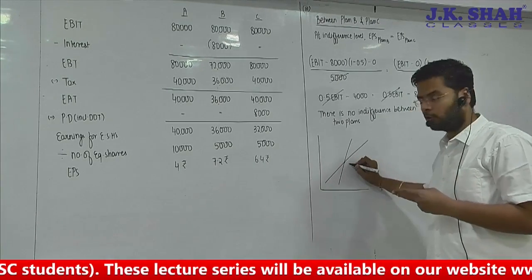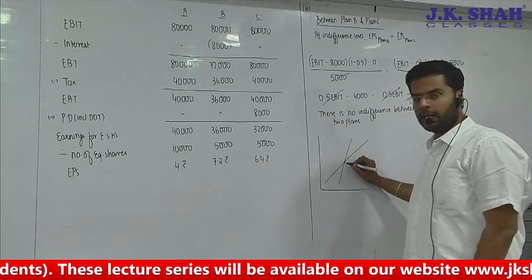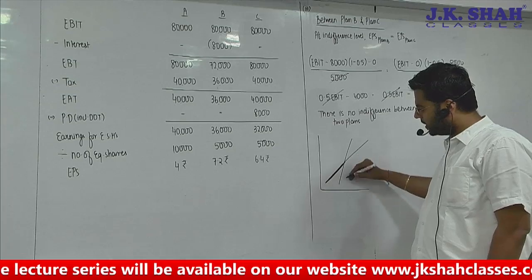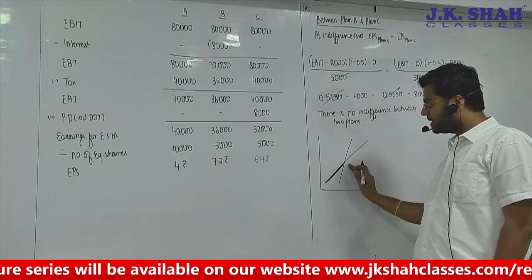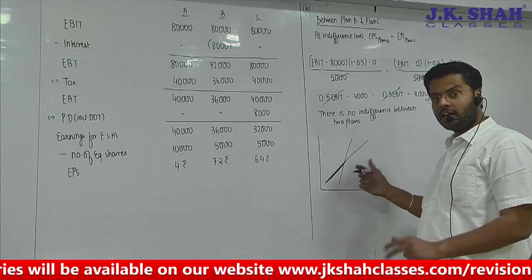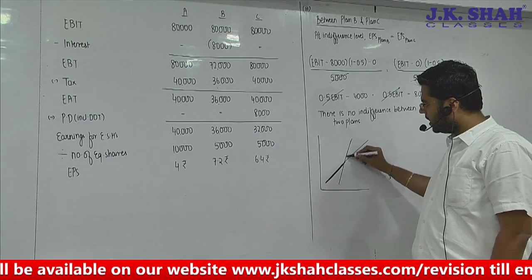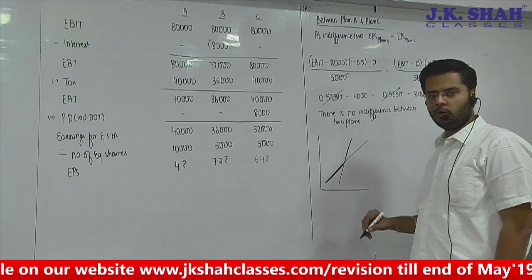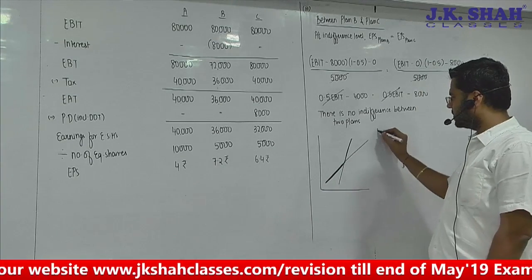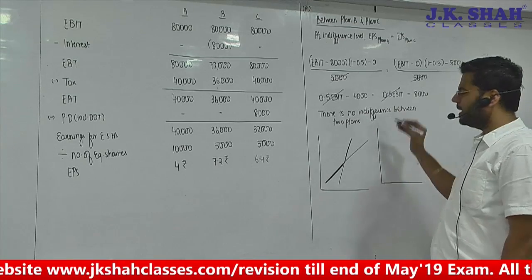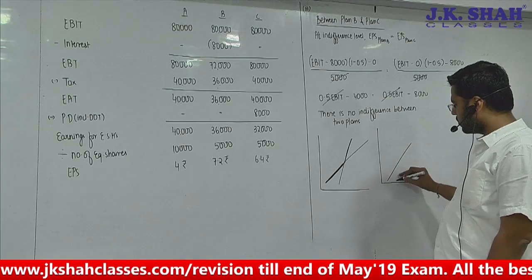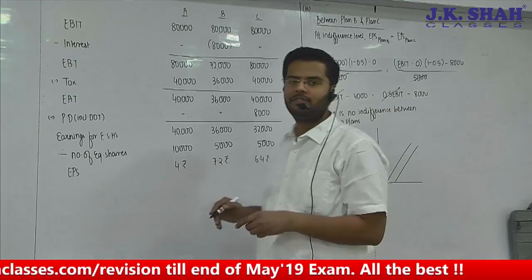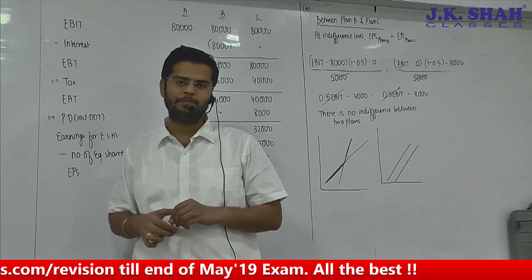The speciality of this point, friends, is that at this point one plan dominates the other plan, but once that level is crossed, the reverse happens. The other plan, which was less dominant, will start dominating the original plan. But when EBIT is getting cancelled, it means these are just two parallel lines which will never intersect. That itself means that there is no indifference level.